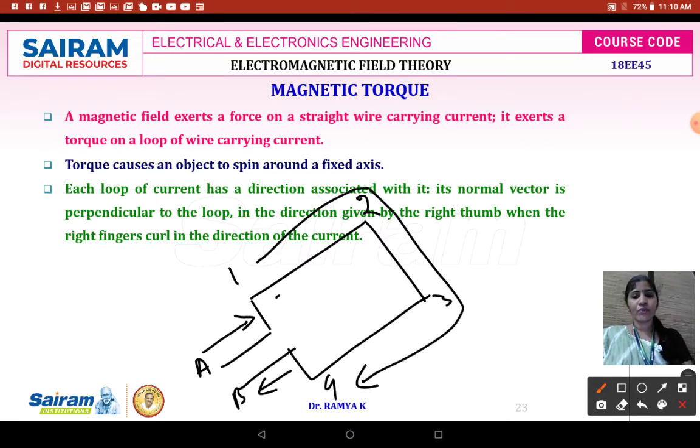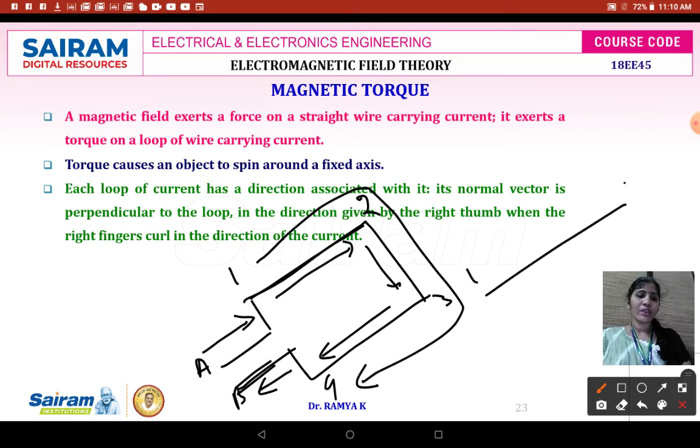Current flows from 1 to 2, 2 to 3, 3 to 4, and it returns to the point B. Now, if you take the current carrying conductor 1 to 2, the direction of the current is as shown over here. For this, the direction of the rotational torque produced will be like this.